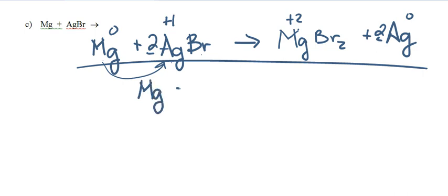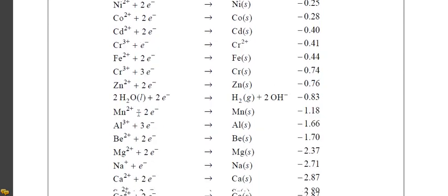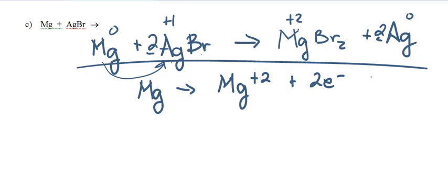Alright, so magnesium no charge going to magnesium +2. How does it do that? Well, it loses 2 electrons, so it is oxidized. So let's get a value for that. Magnesium right here. When it's reduced, it has a negative 2.37, but it's being oxidized in this example, so a positive 2.37.